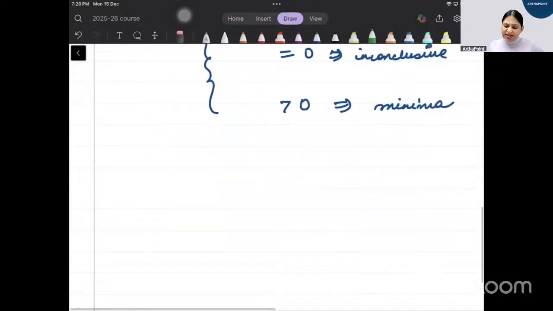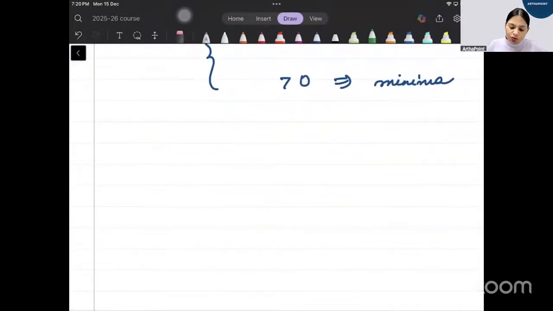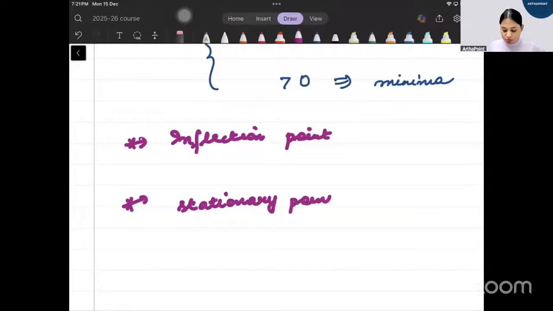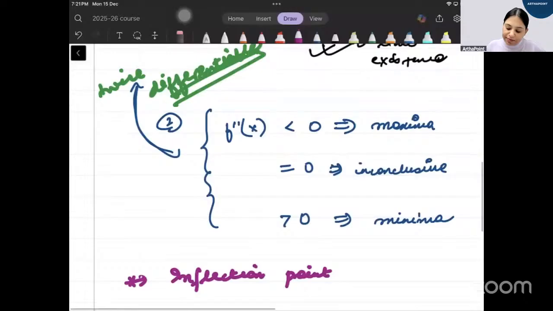Okay? Then there are some terms which you must know. One such thing which can be asked in exam is called an inflection point, right? And another thing which can be asked in exam is called a stationary point. अच्छा, before we proceed, ये बात समझना that whenever you have maxima of the function, you can associate that with concavity.